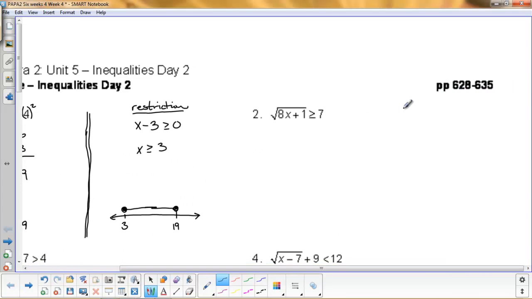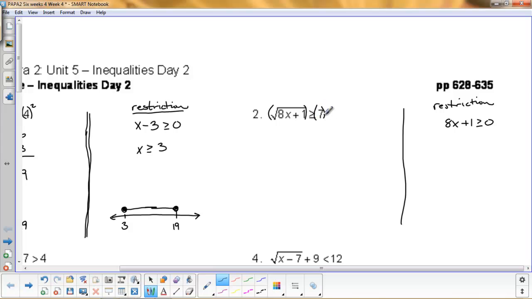Question number 2. So we'll go ahead and draw our restricted space. Additionally, we will include that restriction there. 8x plus 1 is greater than or equal to 0. Remember, that is always going to be true because the radical becomes undefined when the radicand, the part under the radical, is less than 0.